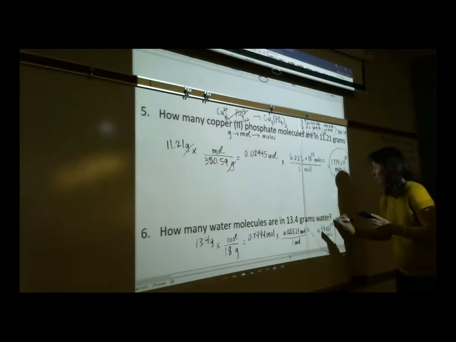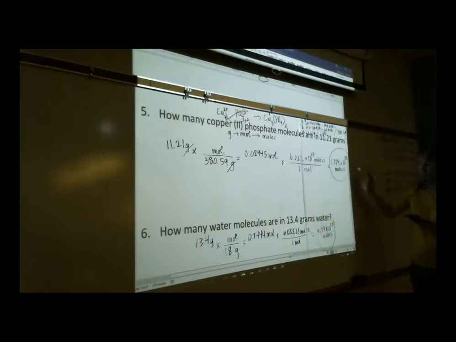When you calculate number of molecules, if you get a big giant number like that, is that reasonable? Is that a reasonable answer to get a huge number for molecules? Yes, it is. Is it reasonable to get a big huge number like this for grams or moles? No, it's not. So you can always check your work, okay? Because if your answer is humongous and it's number of molecules, no big deal. If your answer is humongous and it's number of grams, you've probably used Avogadro's number when you shouldn't have, okay?